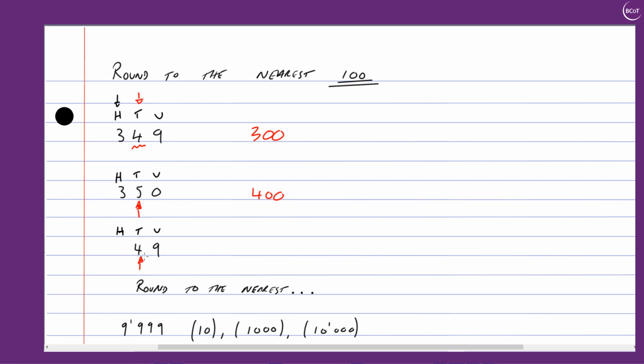And 4 is less than 5, so it rounds down. So the actual answer, 49 to the nearest 100, is actually 0 lots of 100, which is 0. So 49 to the nearest 100 is actually 0, and we're allowed to do that. If it was 50, then it would round up to 100.